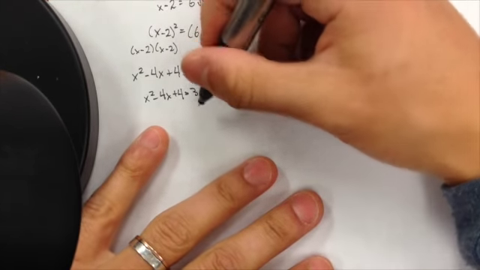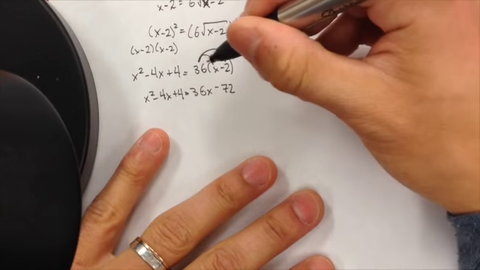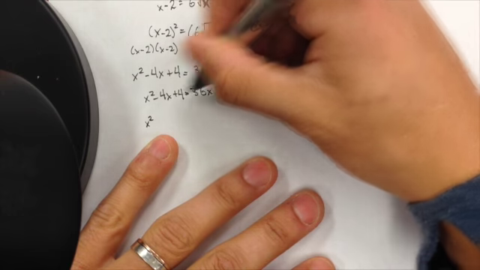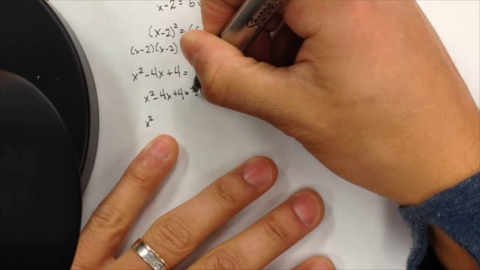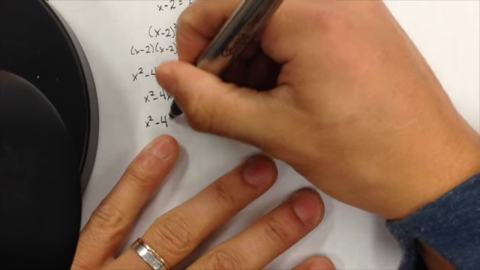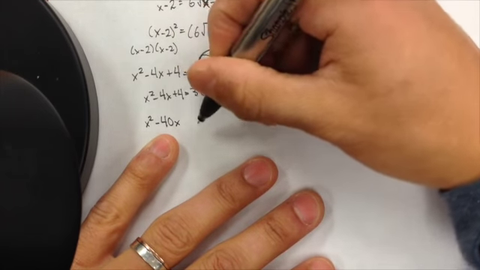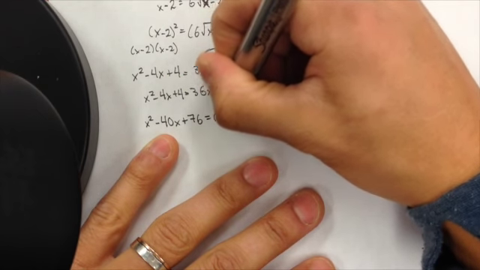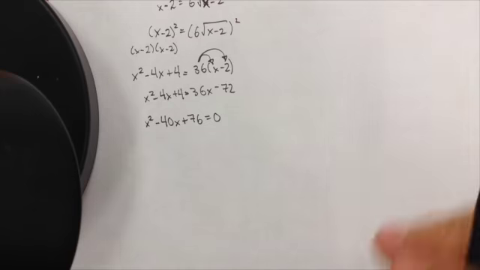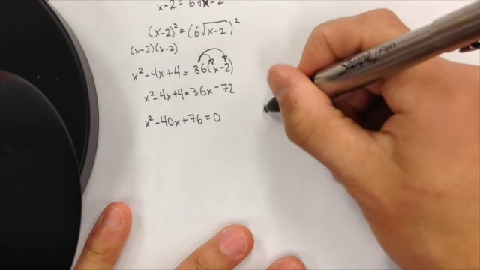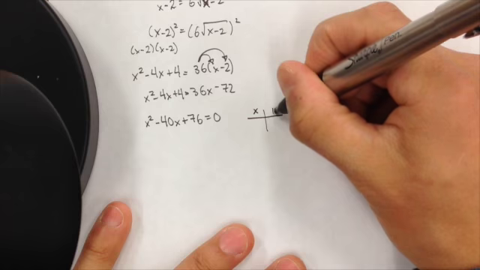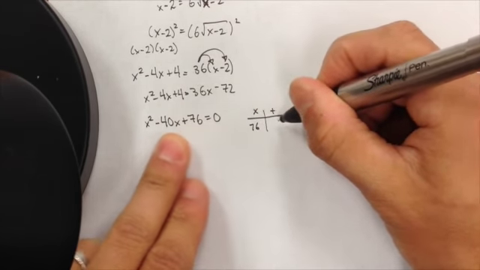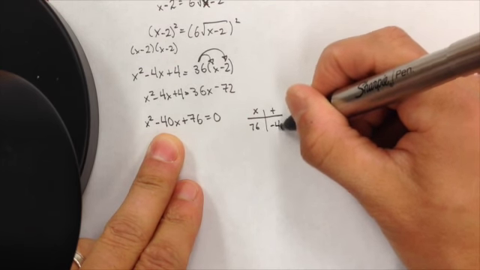Now we can set this equal to 0. If we do that, x squared, if I take 36x over here, negative 36x minus 4x is going to be negative 40x. And if I add 72 over here, I'll have positive 76 is equal to 0. So let's think about what two terms we're going to have: a product of 76 and a sum of negative 40.